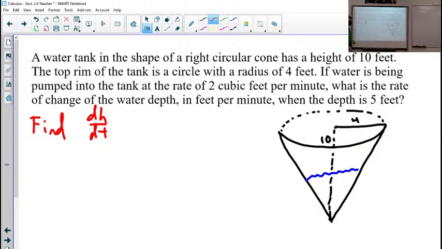What is the 5? Okay, so what equals 5? The depth, which we are labeling as h. You'll see why in a second.